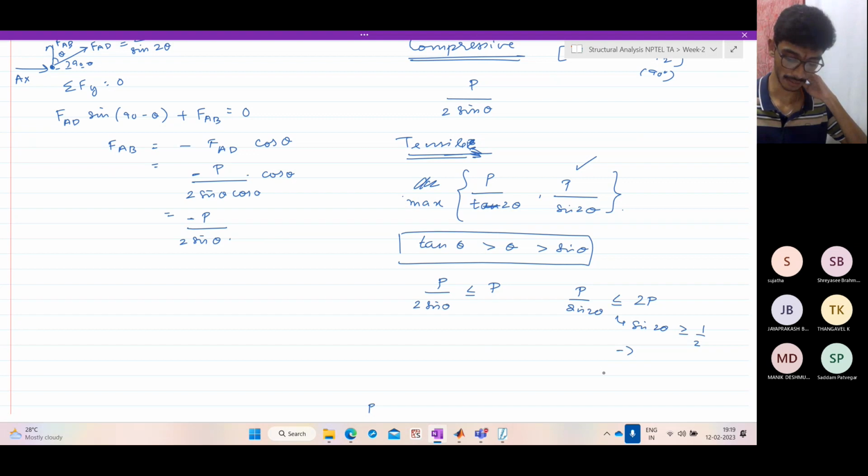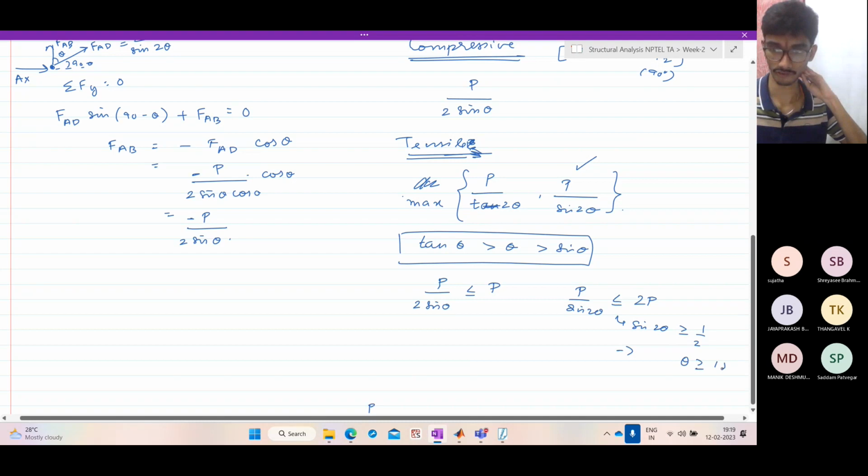If sine 2 theta is positive, then theta should be greater than or equal to 15. And in this case, what do we get?